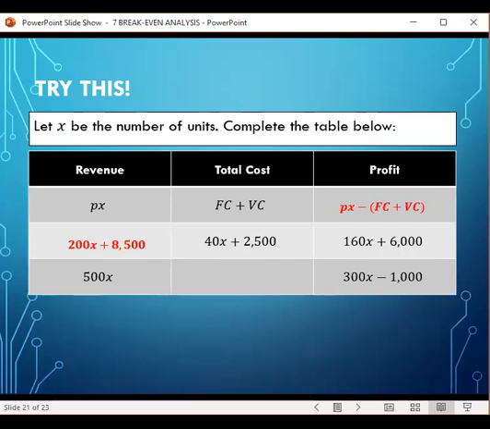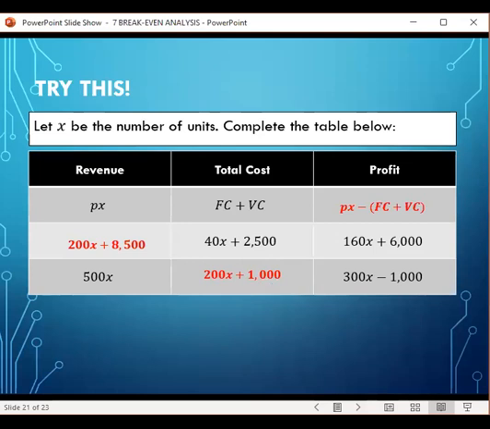Lastly, what's the total costs? Okay, so the total cost is 200x plus 1,000.